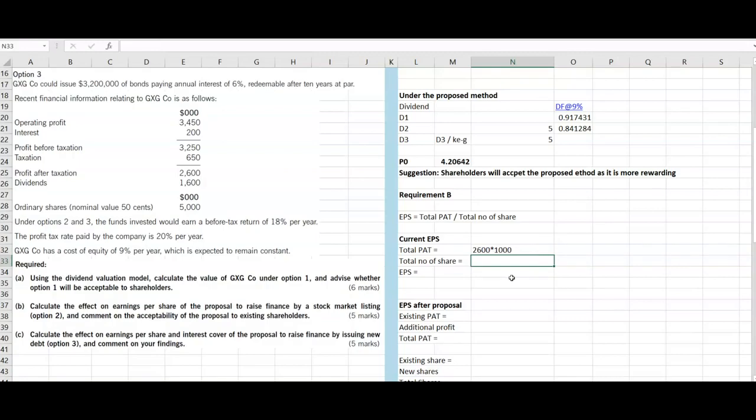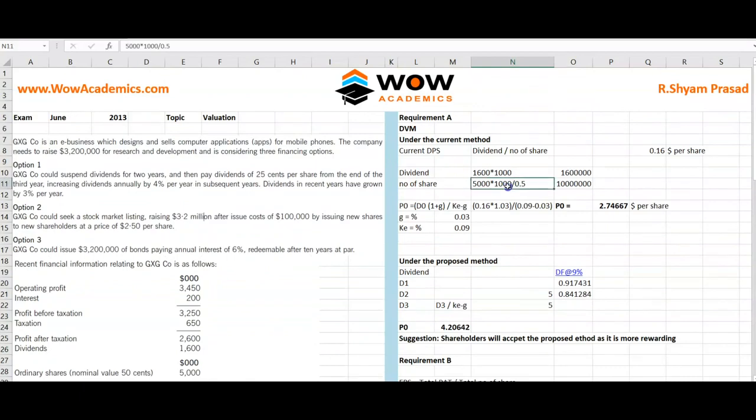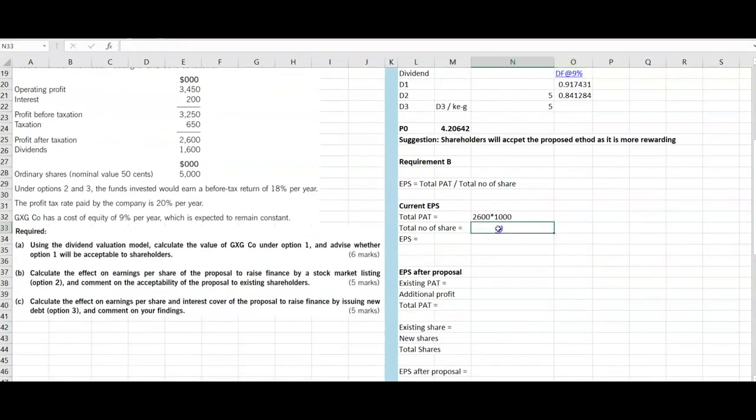The total number of shares, I think we have already calculated here. So we can take that number and use it. Our EPS would be PAT divided by the number of shares. So this is our EPS.